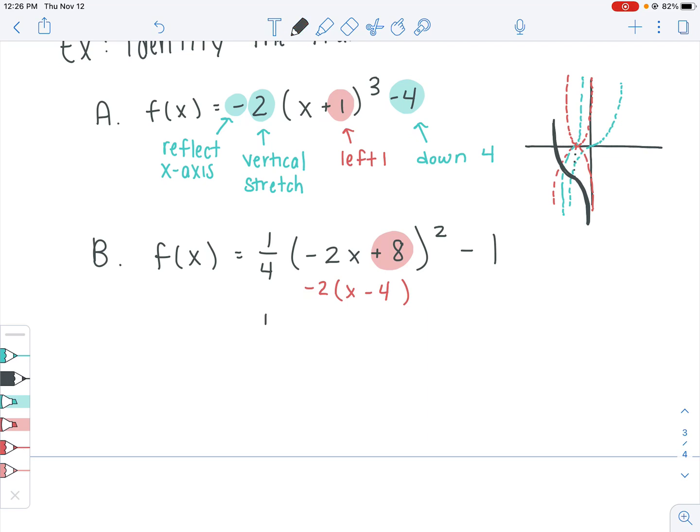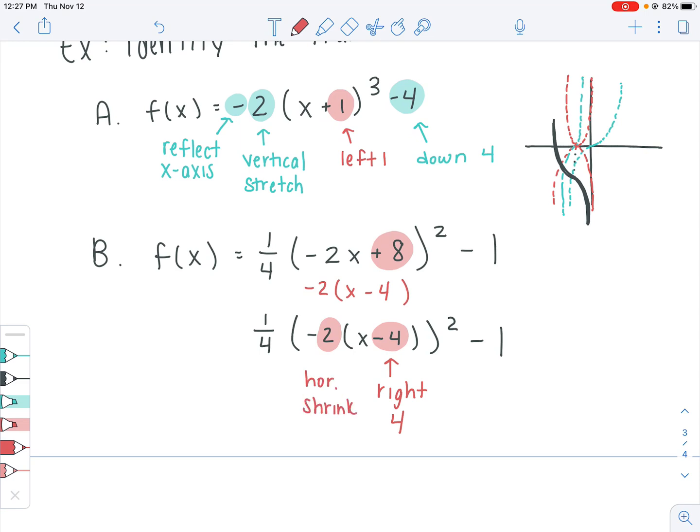And now my real equation that I'm looking at to transform is 1/4 times negative 2 x minus 4 all squared minus 1. I can't identify my transformations until everything is completely separate. Now I can go in and say, okay, I'm moving to the right 4. So the first thing I'm doing is right 4. Then I have a horizontal shrink of 2.